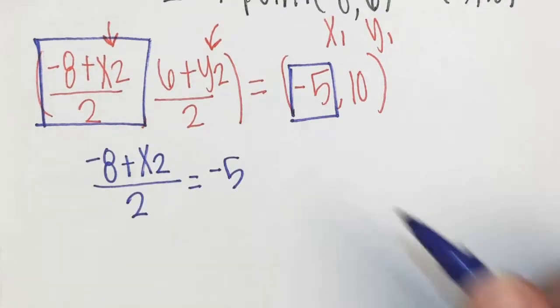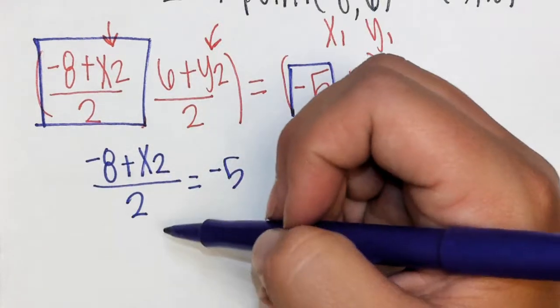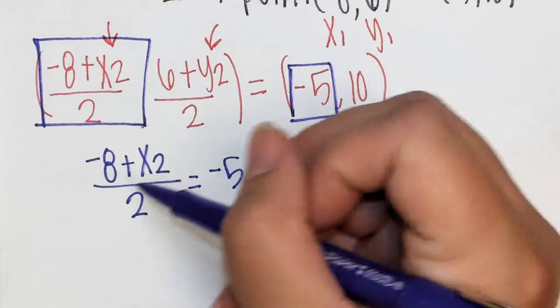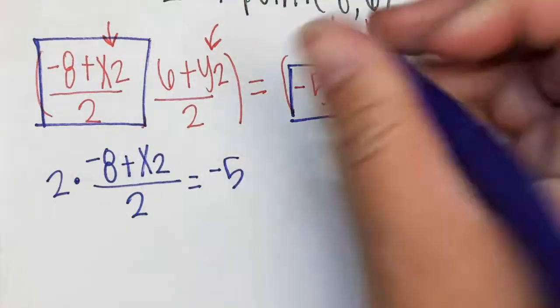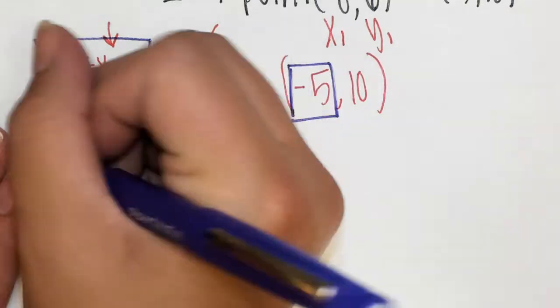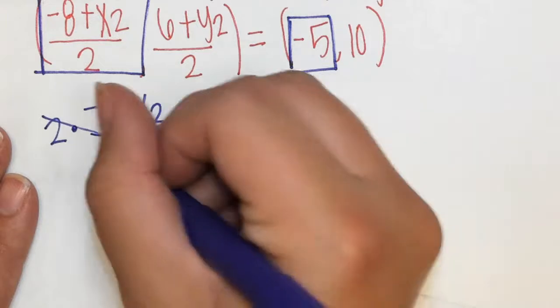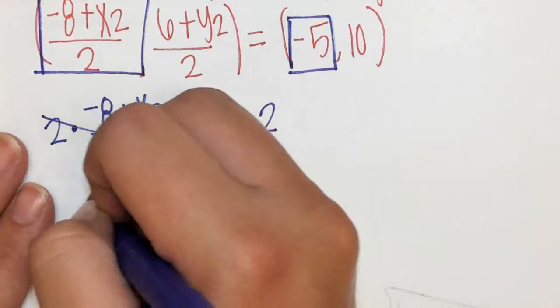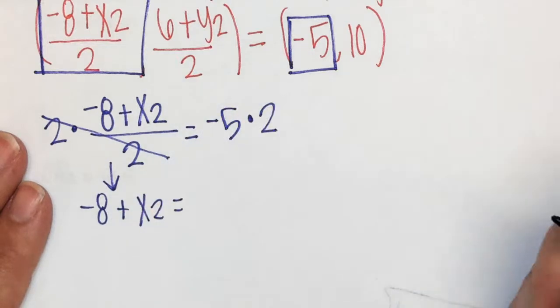Now let's solve. How do I get rid of this 2? Multiply by the top, because it's division right now. The opposite of division is multiplication. So multiply by both sides. 2's cancel. So then I have negative 8 plus x sub 2. Negative 5 times 2 is negative 10.